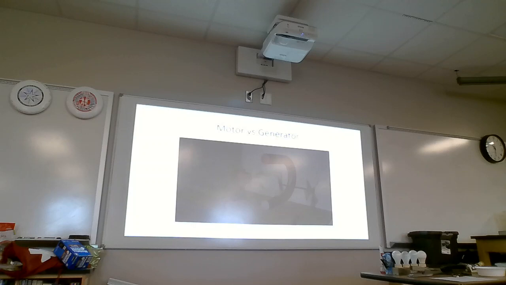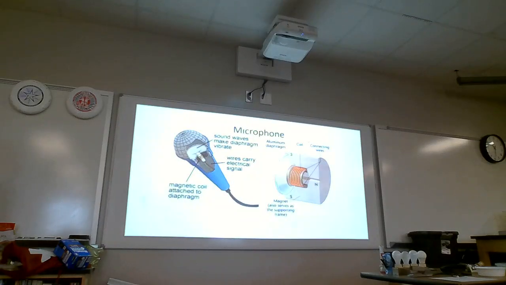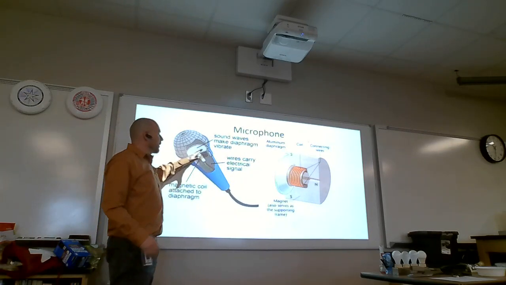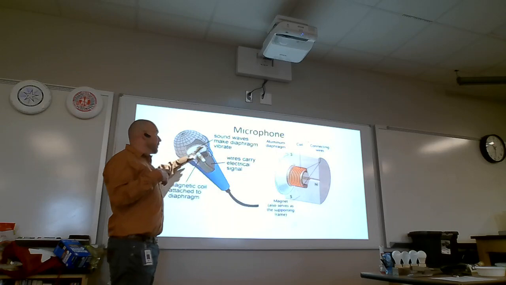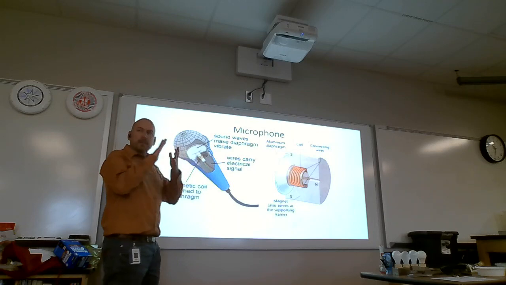Microphones and speakers have a similar relationship. Okay, so a microphone. When you talk into the microphone, there's a cone, a voice cone, a diaphragm that is able to vibrate with your sound waves.